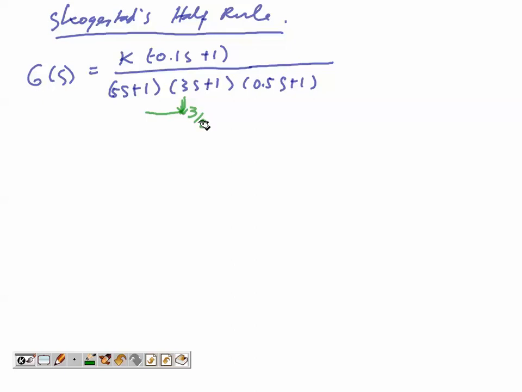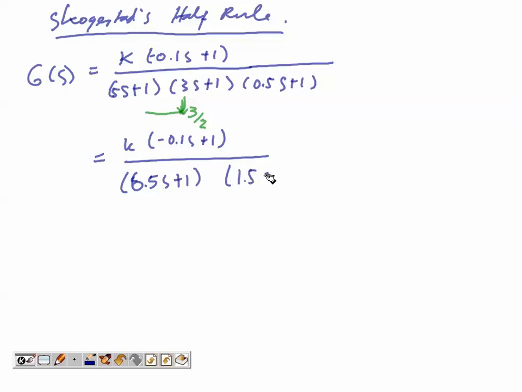So this is 3/2. 3/2 remains in this factor, and the rest, 3/2, is added to the highest one. So we will get K over (6.5s plus 1), and then now we have 1.5s plus 1 and 0.5s plus 1.